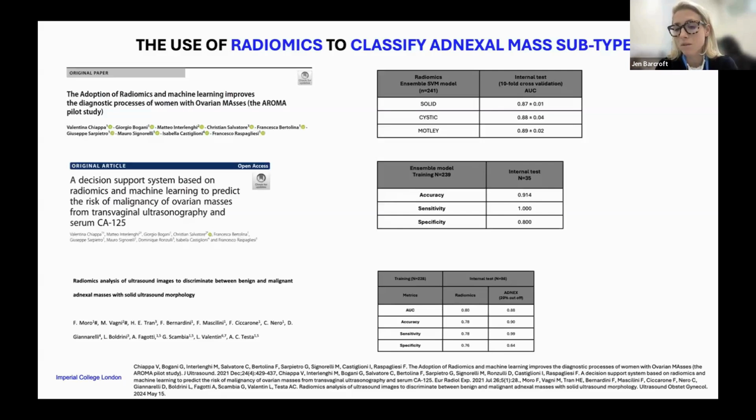ADNEX has been externally validated in multiple different populations and had consistently good performance. And the study did not demonstrate that the radiomics model was superior. So as it stands, the existing published models haven't really shown that they're better than what we already have with regards to clinical models.